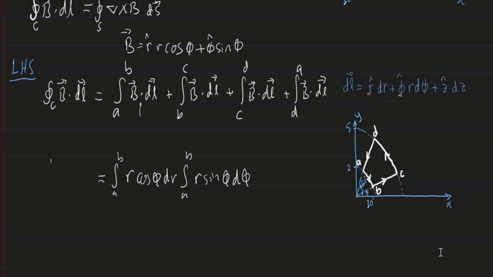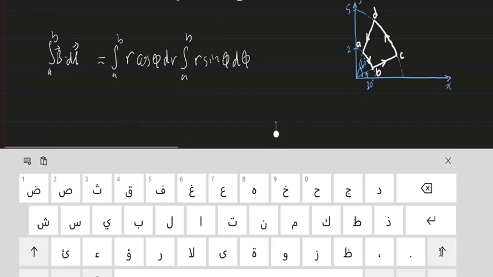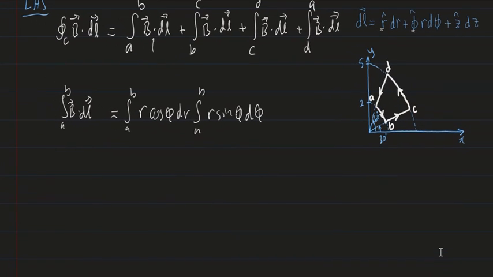Let me do the integration separately. As we are going from A to B, we can see here that r is constant, it's equal to 2. So dr is from 2 to 2, and phi is varying in this case from 60 to 30.